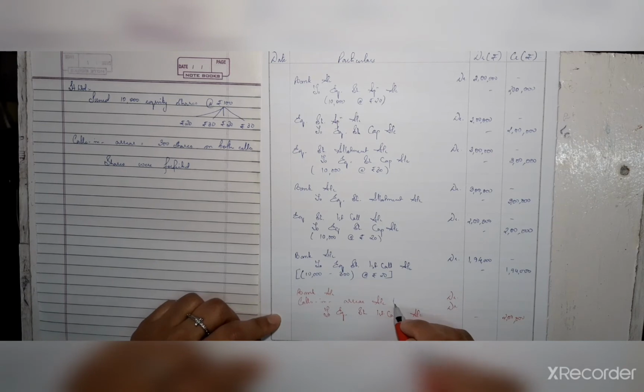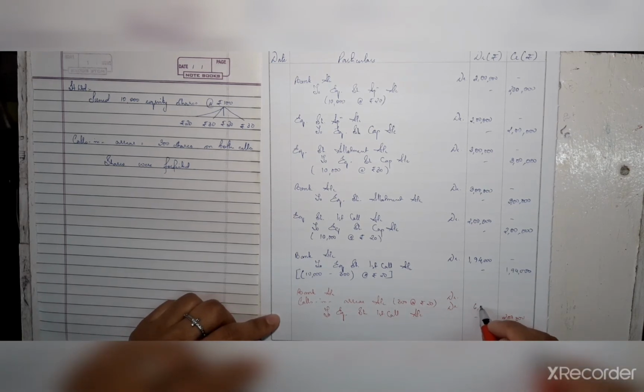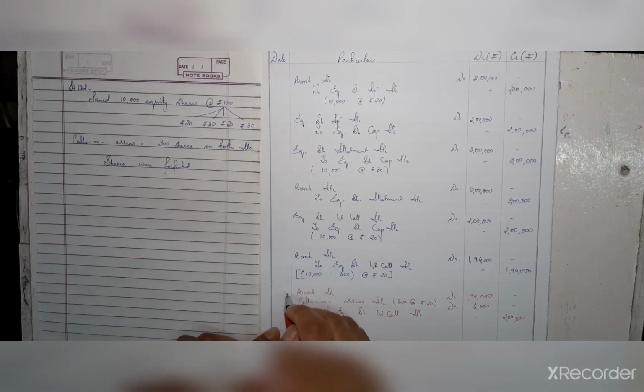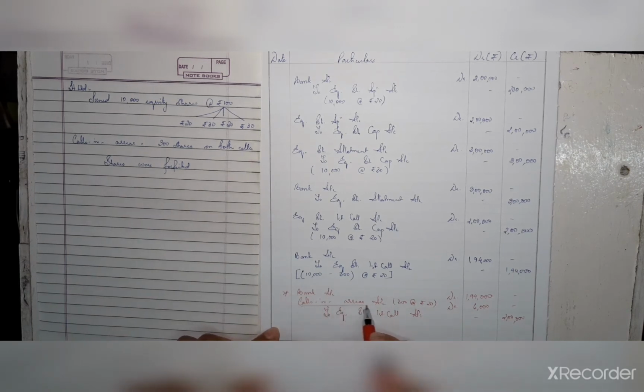This will be 300 shares, which are your calls in arrears, at the rate of rupees 20. So this will be rupees 6,000, and the balance is 1,94,000, which we are going to be receiving on the share first call. This is in case you are creating calls in arrears account.